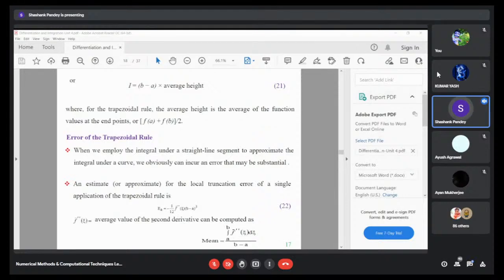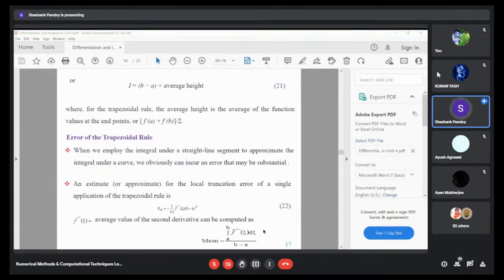This is the average value of the second derivative, which can be computed as the mean, equal to the integral from limit a to b of f double prime epsilon d epsilon upon b minus a. We will remember that the notation f bar double prime represents the average value of the second derivative.